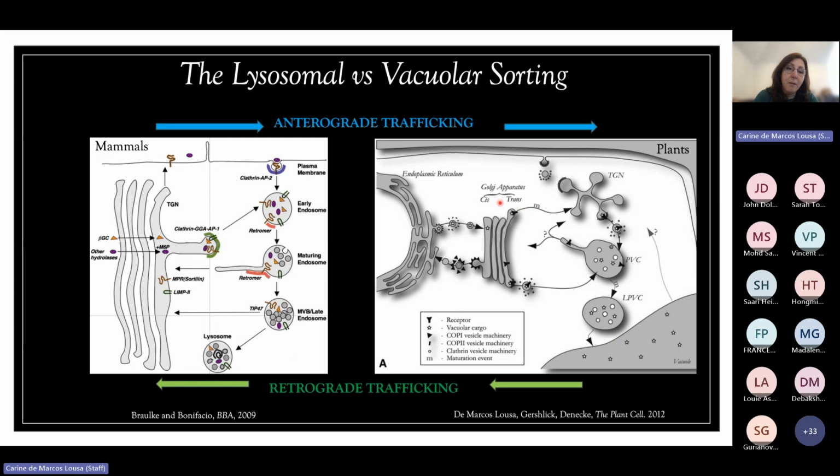They bind vacuolar cargo in early compartments and traffic to what we call in plants the PVC, which is the equivalent of multivesicular bodies. They release the cargo at this stage, and the receptors are recycled back to early compartments, while the vacuolar proteins are then transferred to the vacuole.